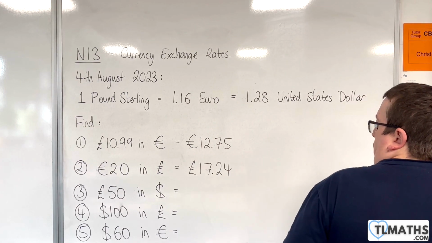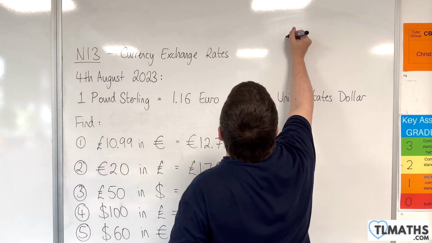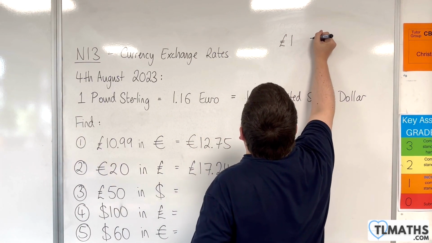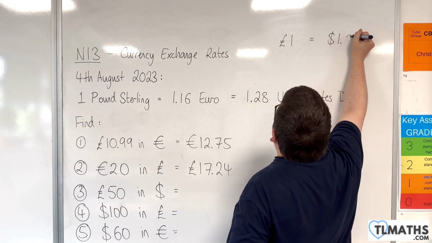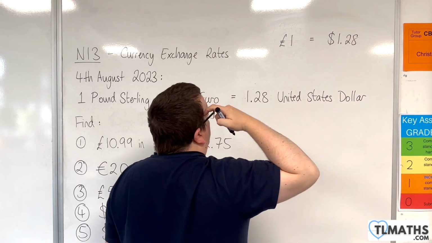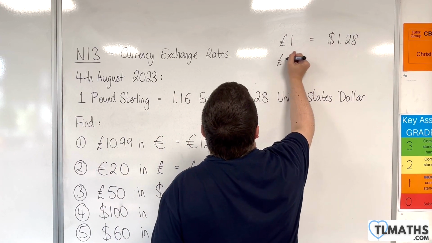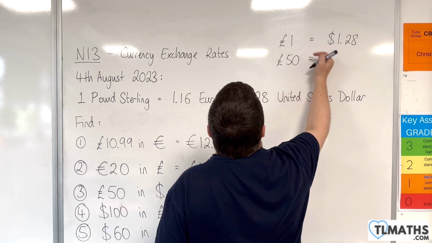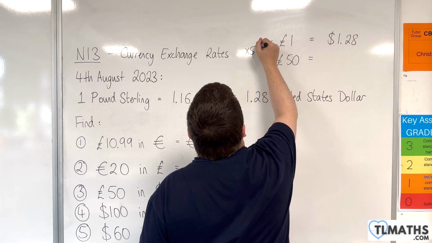Now for our next one, we've got £50 in US dollars. We know that £1 is $1.28. Now if I want £50, to go from £1 to £50, I need to multiply by 50.